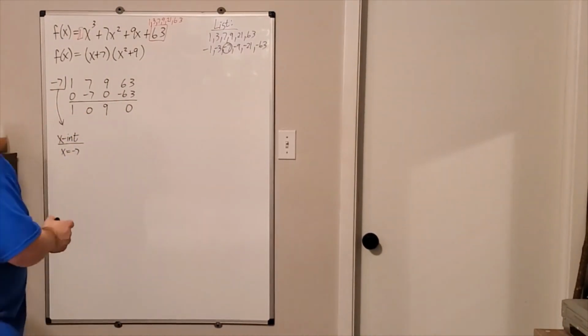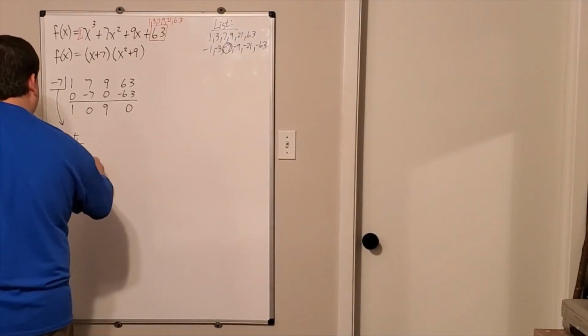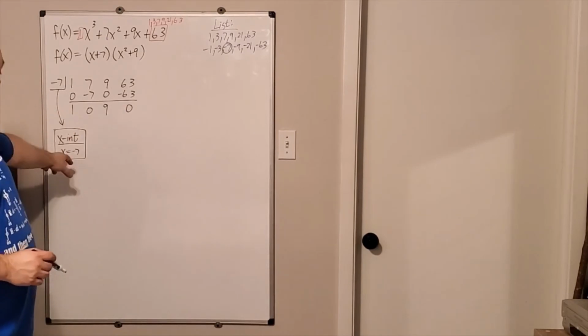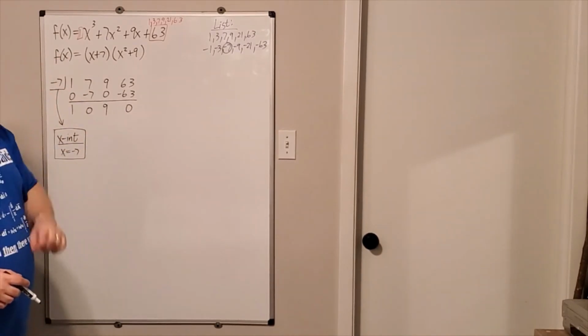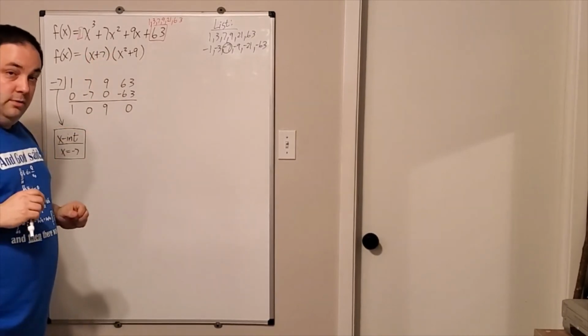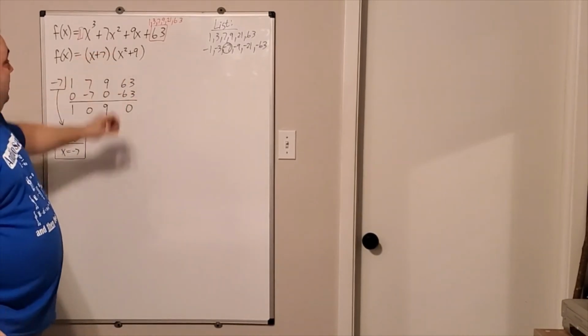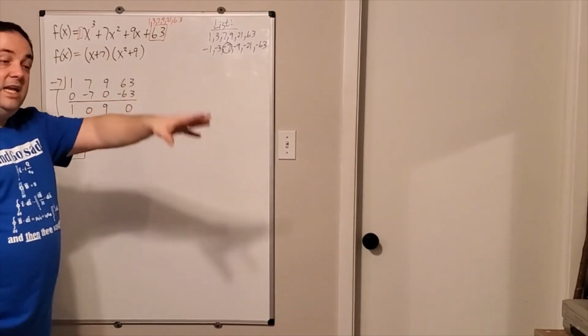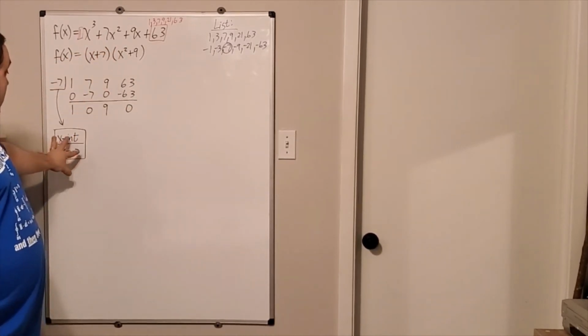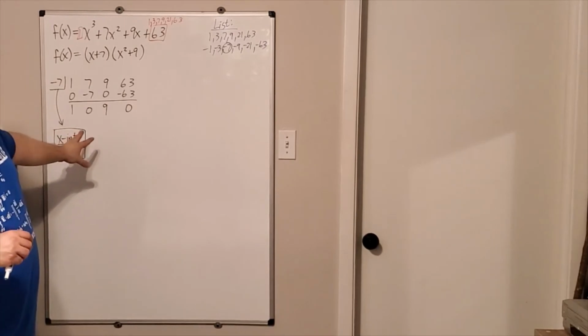Because this is the only x-intercept that we're going to find, right? And I'll show you why in a minute. That's the only x-intercept we're going to find. However, we're going to find 3 quote-unquote zeros to this function. And that's because a 0 is technically any number that causes this to be 0, whereas an x-intercept implies a point, right?